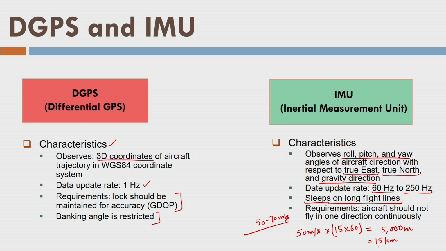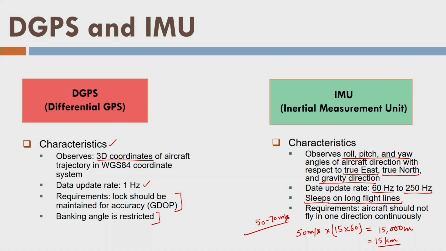So in general, we can say that one flight line is not as long as 15 kilometers. As a result, we have to take a turn, and so this condition does not create much of a problem in data acquisition. So nowadays, we are very relaxed as far as the IMU is concerned for airborne data acquisition, right?